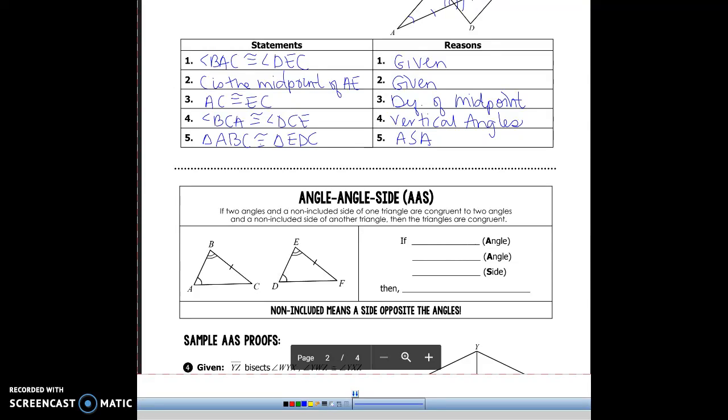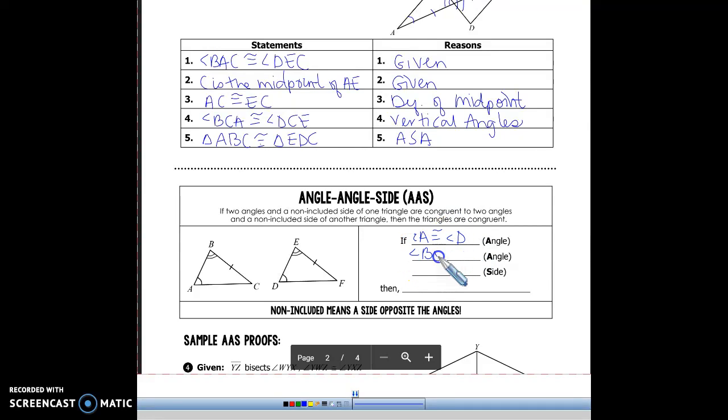Okay, the next thing we're going to look at is proofs with angle, angle, side. So again, two angles and a side. This time the side is not in between the two angles. So here, if angle A is congruent to angle D, an angle, then I have another angle.